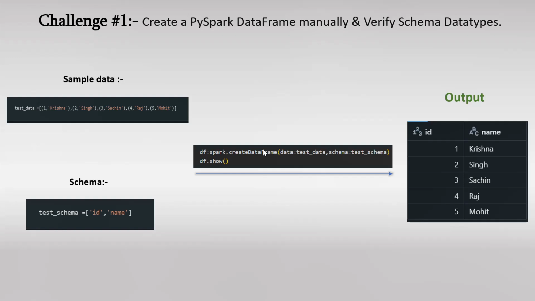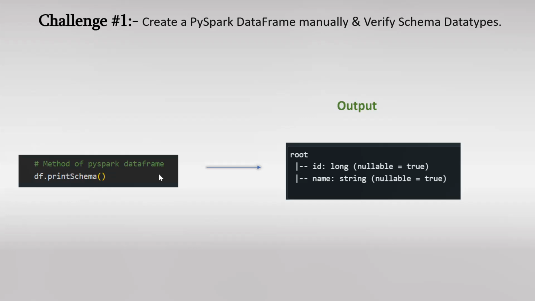Correct. So using spark.createDataFrame and providing input to the proper parameters, we can create a data frame. Now, the second thing that we discussed was how we can verify the schema data type. So using printSchema, your data frame name dot printSchema will provide you this information: what is the data type of every field.